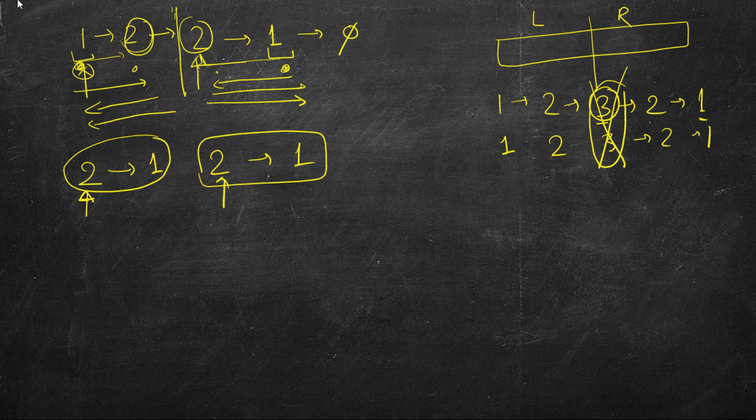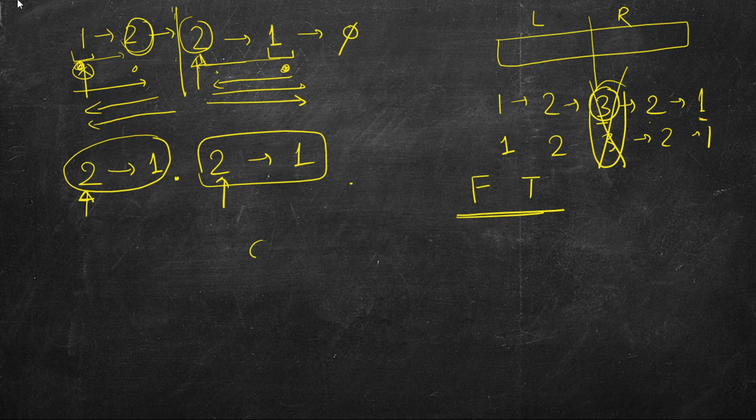At any point of time, if the values mismatch, you return false. And if you do not encounter such a situation and you reach the end of both the lists, you return true. The only thing is that while writing the code, you should take care of the odd and even scenario. It's very simple. If you know how to reverse a linked list, it should be very easy for you.